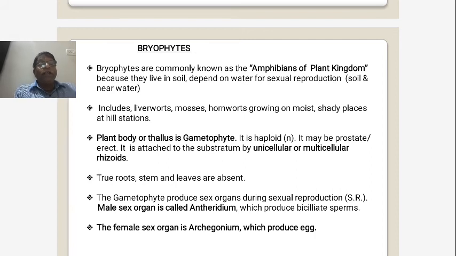Because of this reason, the gametophyte produces the sex organs. The male sex organ is called antheridium. This antheridium, when it reaches maturity, produces a large number of biciliate sperms.